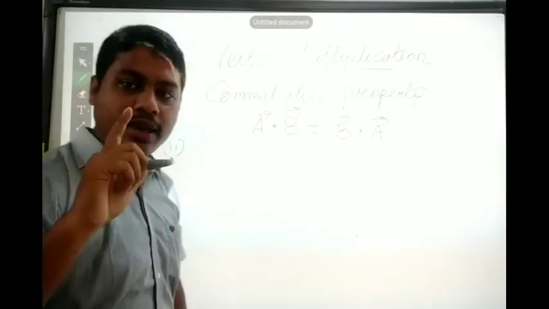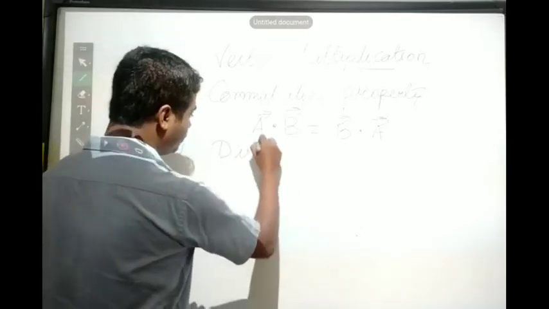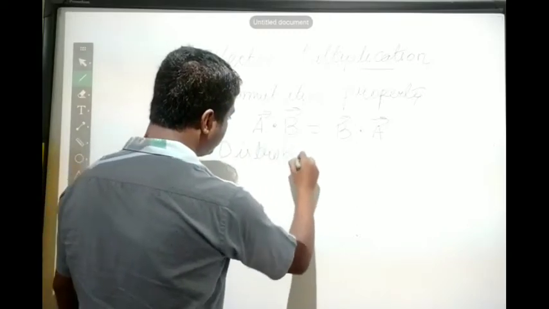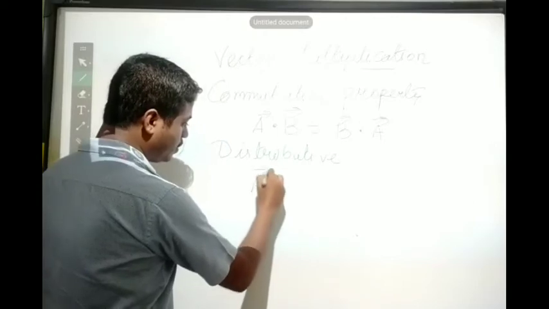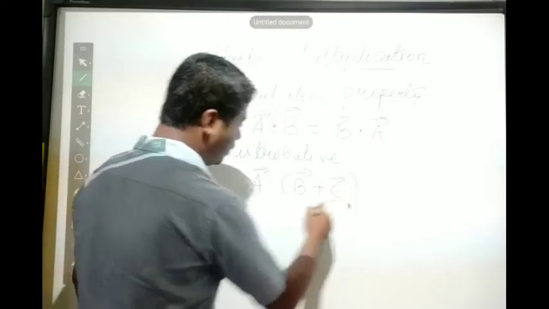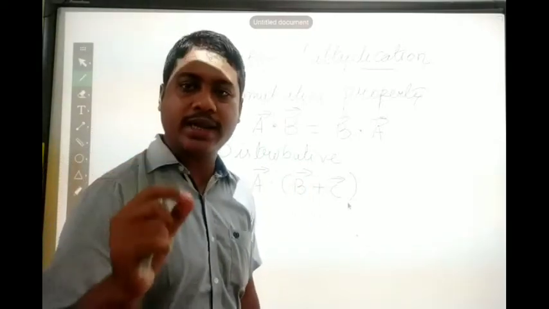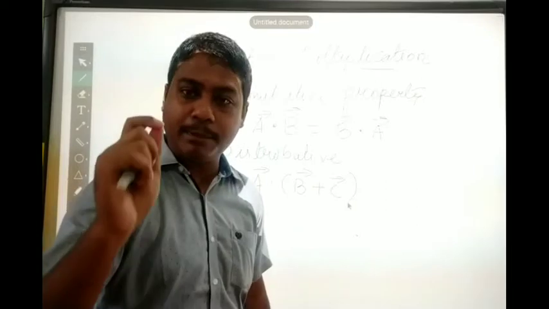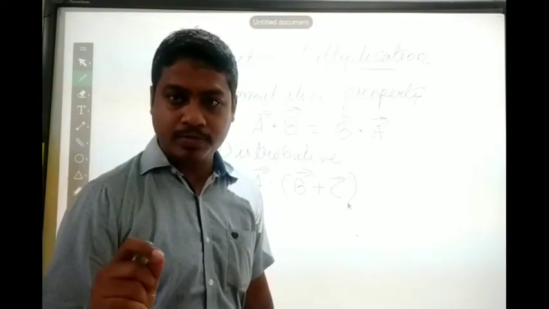The dot product is distributive. That means A dot (B plus C). If you don't give the bracket, this is not the correct way, because you have already done in class 6-7 maths that the bracket is necessary for the multiplication.